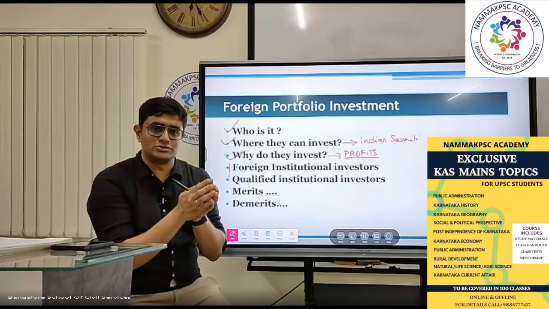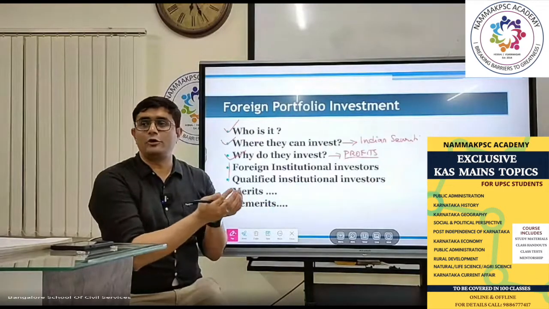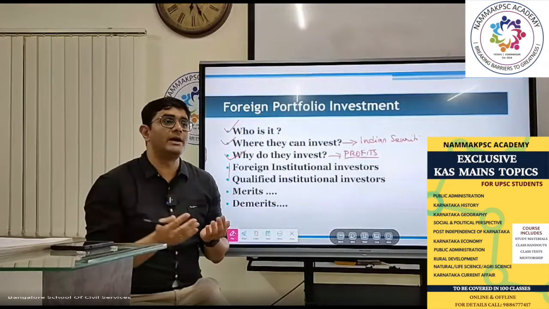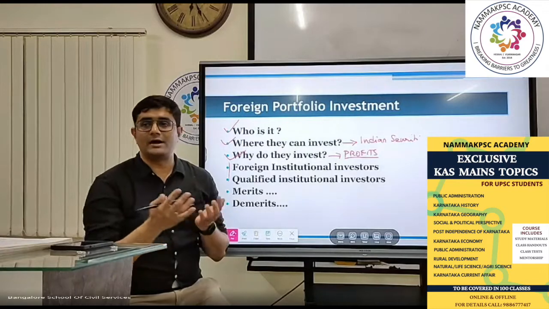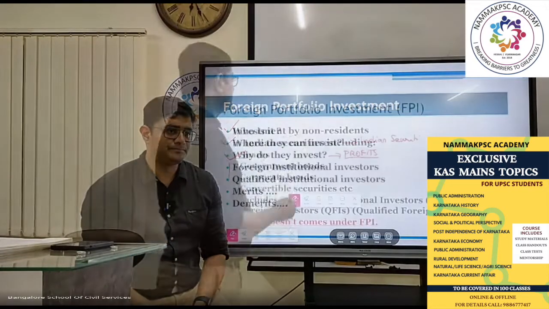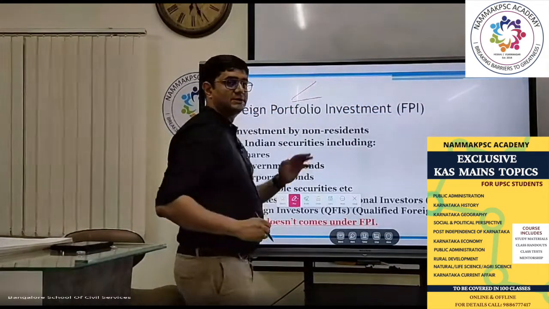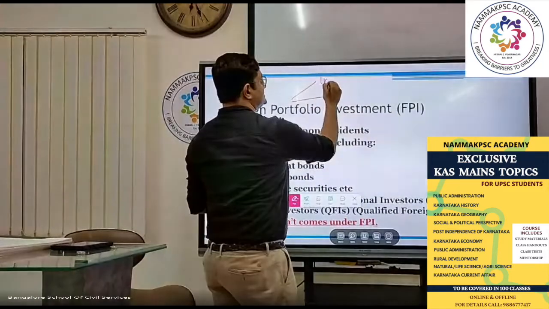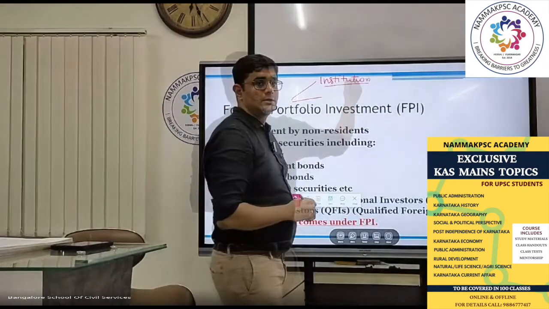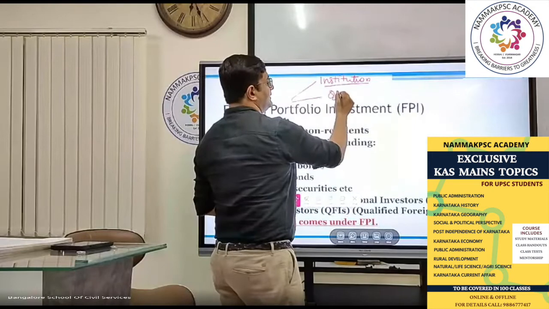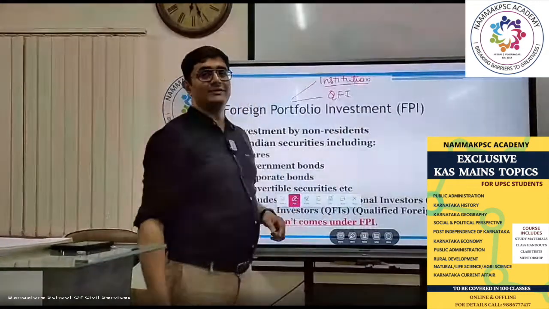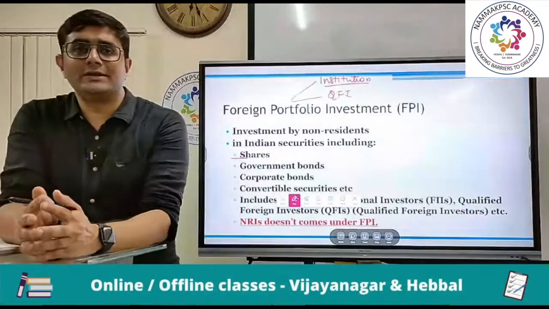These are institutions who have money and they are looking for different avenues to invest. So they can come and invest in India. So foreign portfolio investors are of mainly two types: institutional investors, and qualified foreign investors, QFIs. So who are these QFIs?